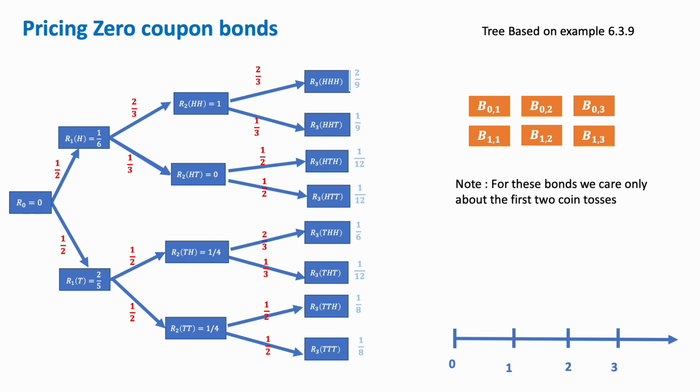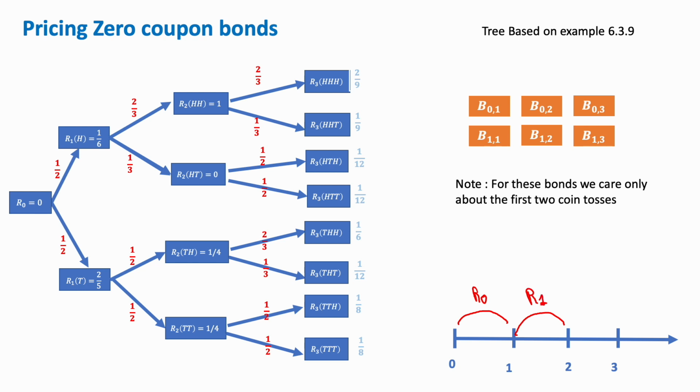Note that for all these bonds that I'm talking about, we only care about the first 2 coin tosses, right? Because for example, R0 is not random. If you go to the bank today, they can tell us what the interest rate is. Then to find the interest rate R1, from time 1 to time 2, we flip the coin.